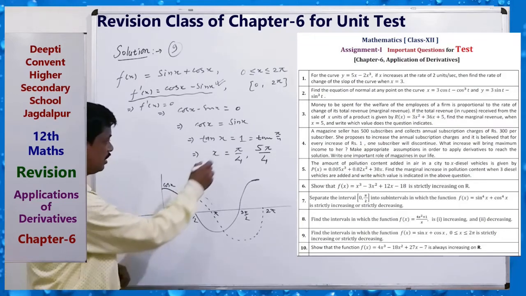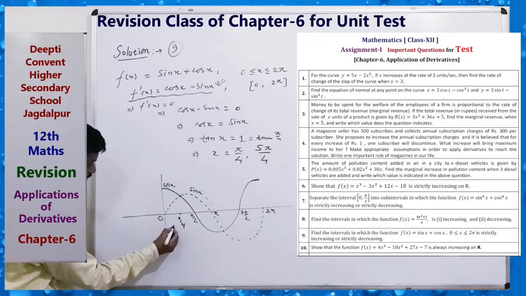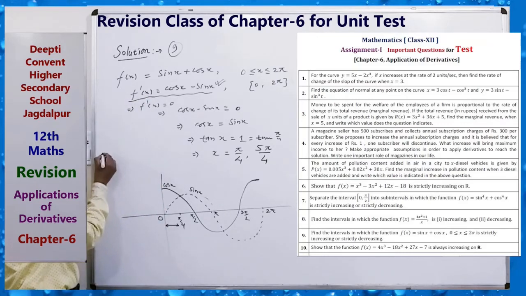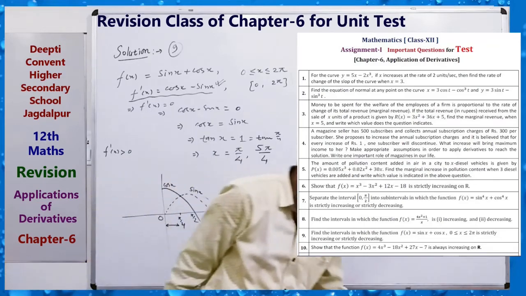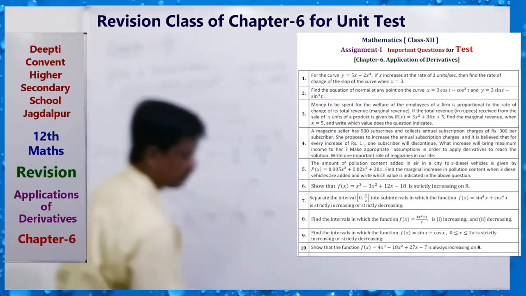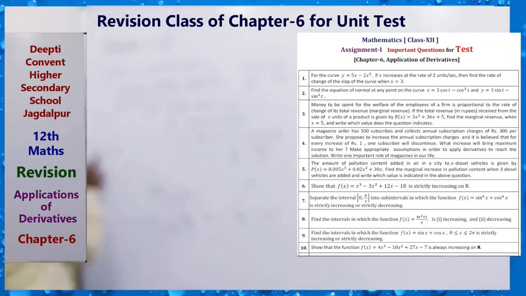That means in this interval the sign of the derivative f dash x is positive. F dash x is greater than or equal to 0 in the interval 0 to pi by 4.